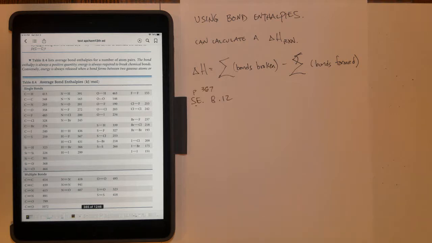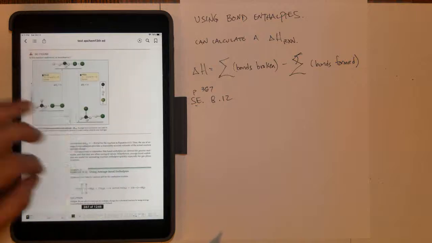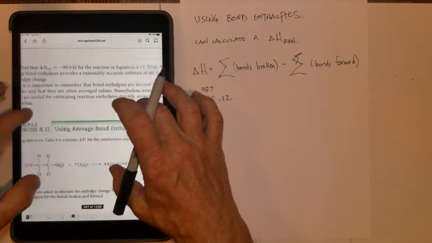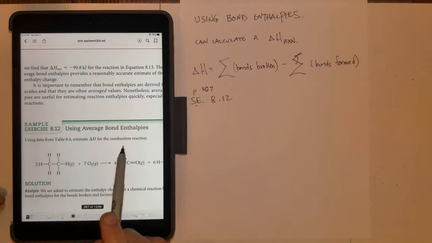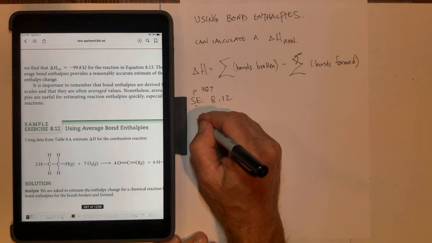We're going to do one sample exercise on page 367. It's sample exercise 8.12, and I'm just going to turn to that page right here, and I'm going to zoom in on it so you can see the example. It says, using data from table 8.4, estimate the delta H for the combustion reaction. And I'm going to draw this combustion reaction while you write it down.